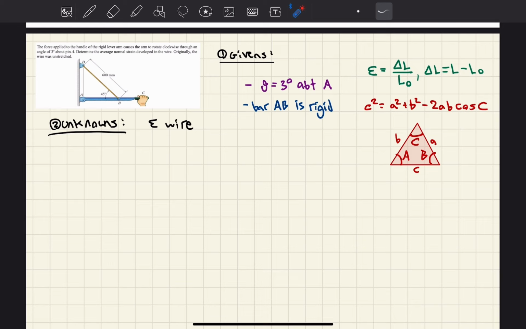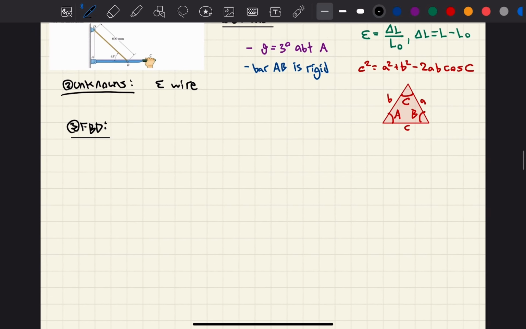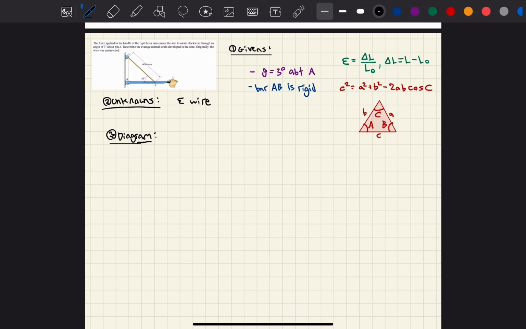Well, let's first draw it out, because it's very important to draw things out so you understand yourself. So it's not really a free body diagram, so actually let's just call it diagram, so as not to confuse anybody. I'm just going to do a before and after. I'm going to draw it myself, right?